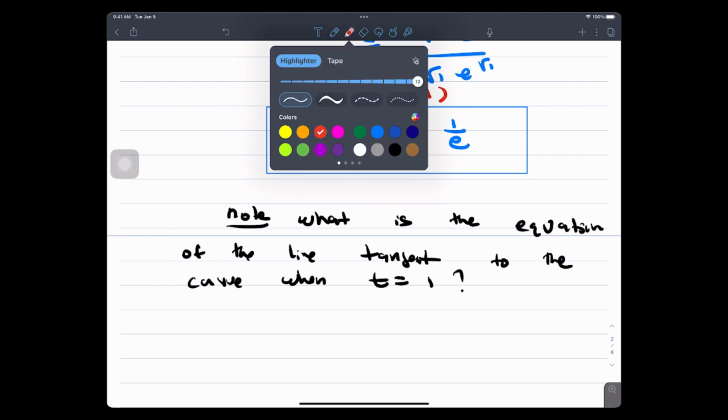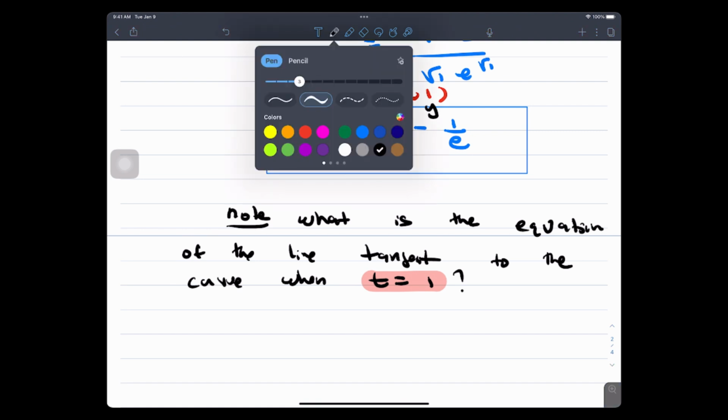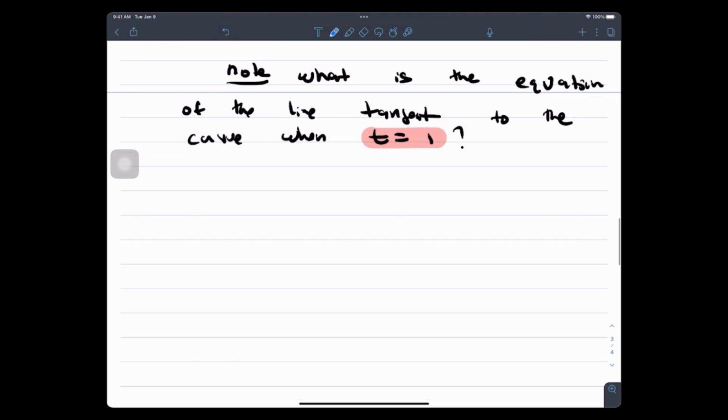They're trying to find that equation of the line tangent to the curve at this location. You remember, this is the x coordinate. This is the y coordinate. Do you guys remember what you did from algebra? This very famous question.